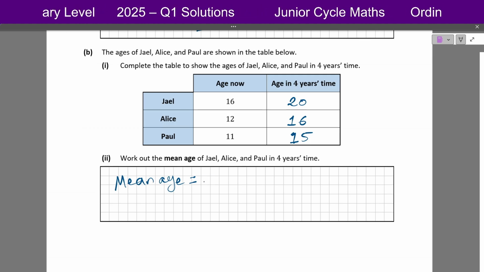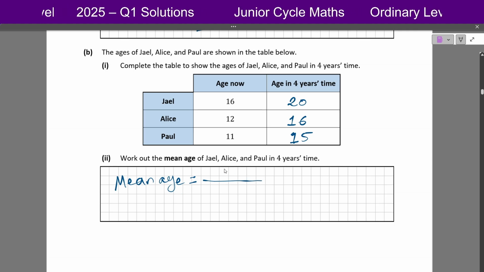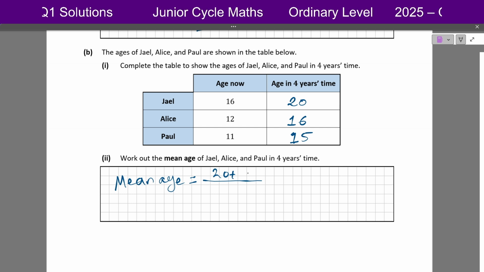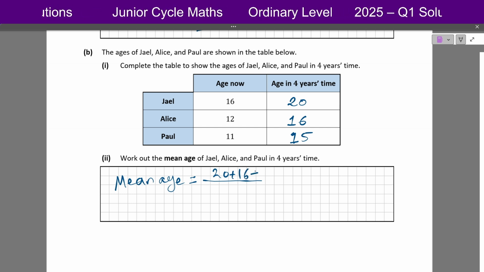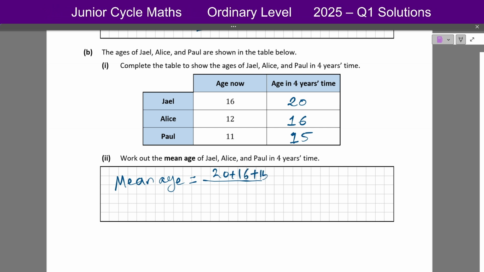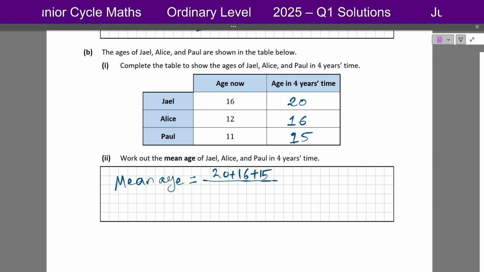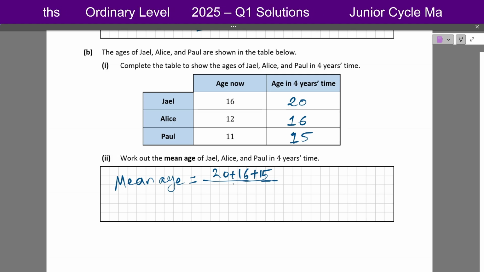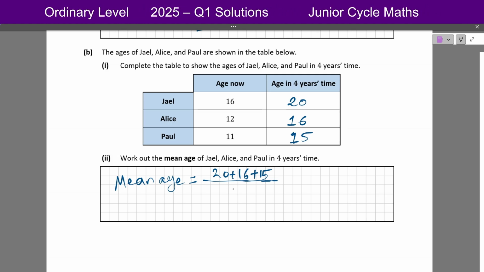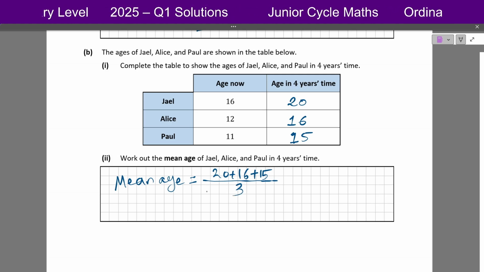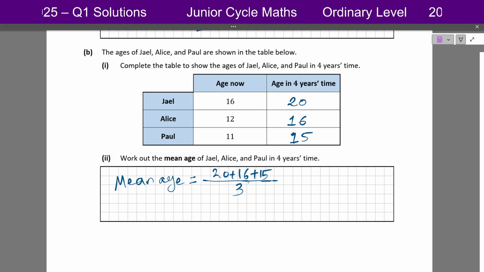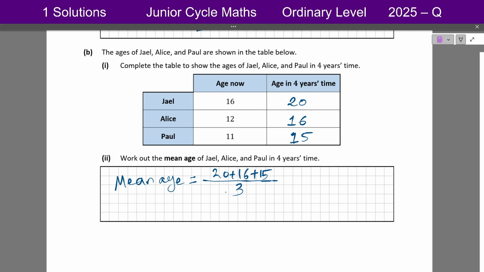We have 20 plus 16 plus 15, and then we divide the fraction by the number of values in the group, which is 3 here. If we had 4 people, we would add 4 numbers and divide the summation by 4, and so on for others.